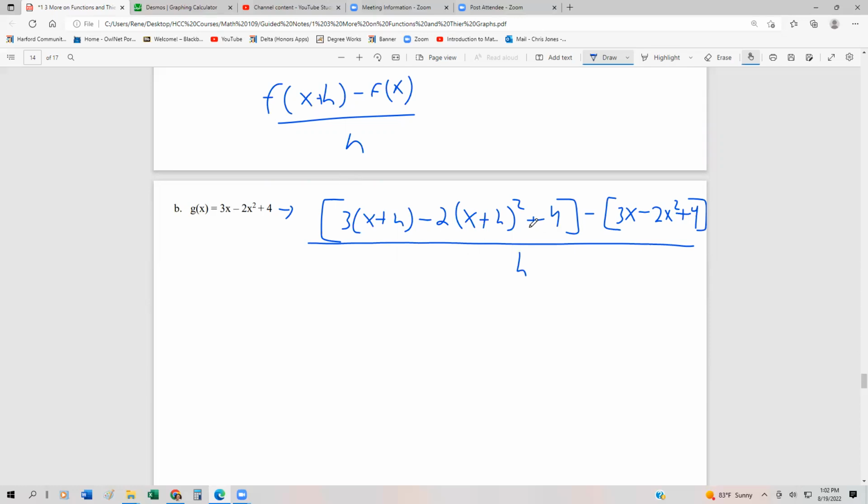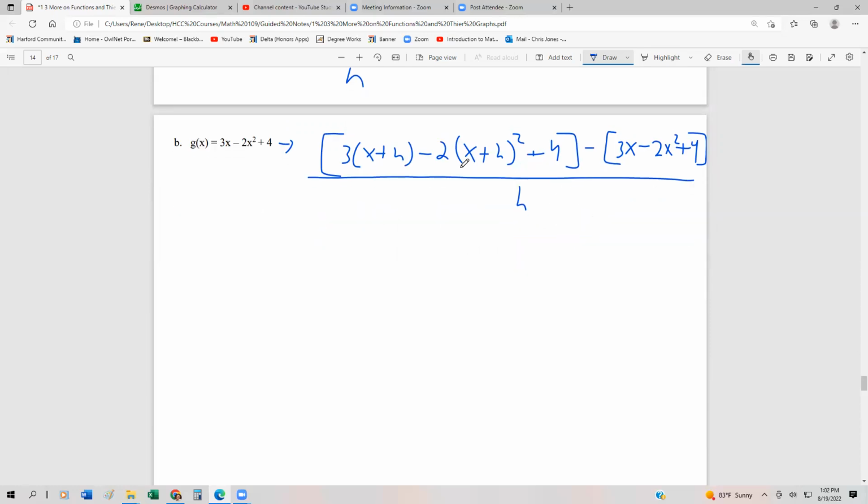All right, now to simplify this, we're going to have to do a number of polynomial operations, particularly right here, to simplify this expression, or to expand it, actually. We know that certainly we can distribute the 3, so that's going to be 3x plus 3h. The negative 2, I'm just going to leave that, and I'm going to write this as x plus h times x plus h.